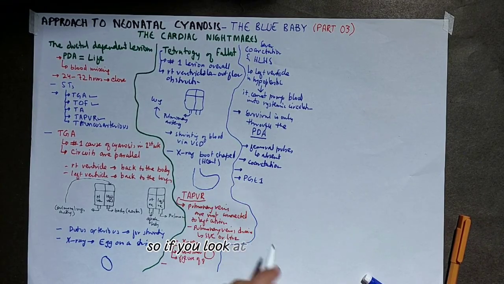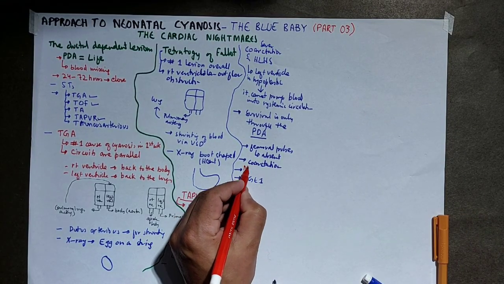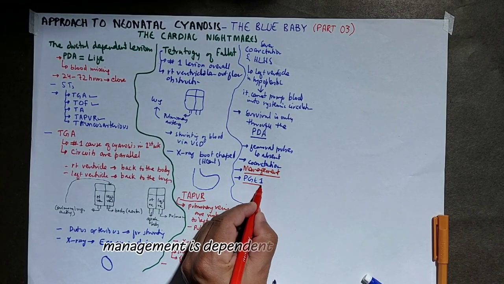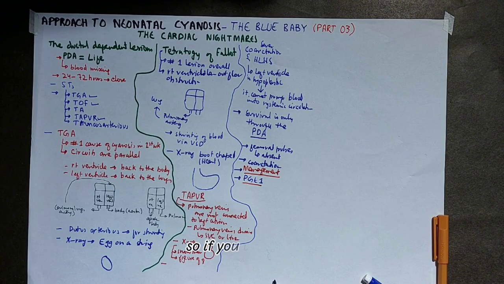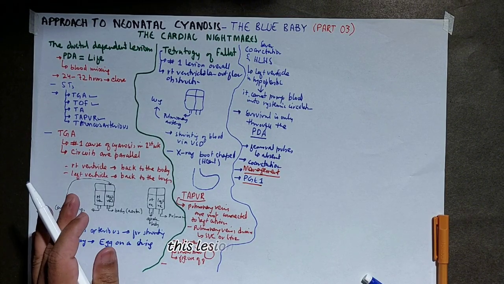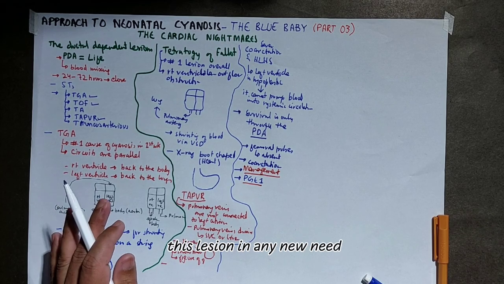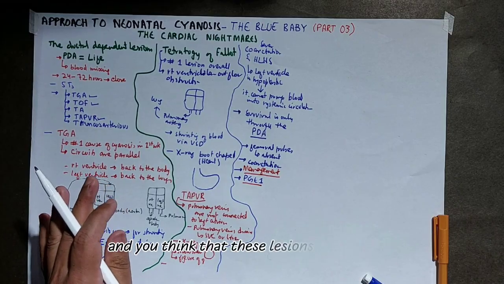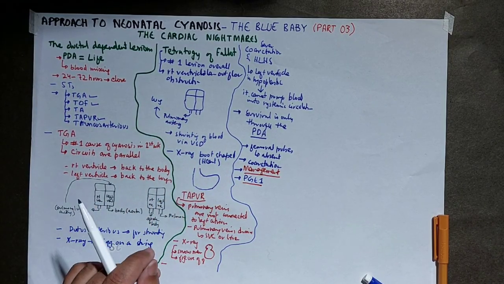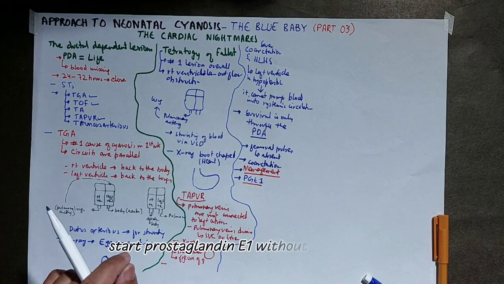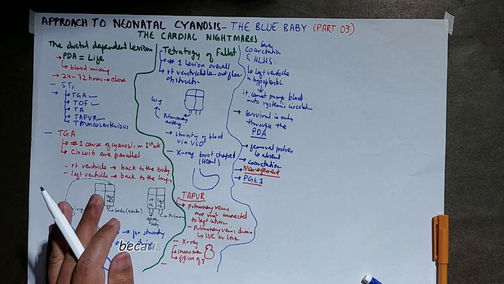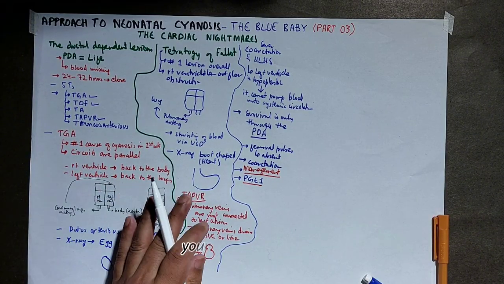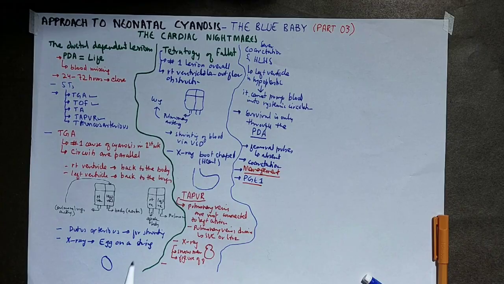So if you suspect any of these lesions in any neonate, start prostaglandin E1 without confirming it, because if the patent ductus arteriosus closes, your countdown stops.